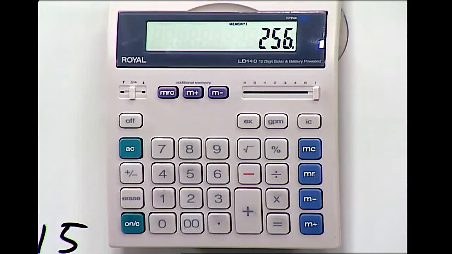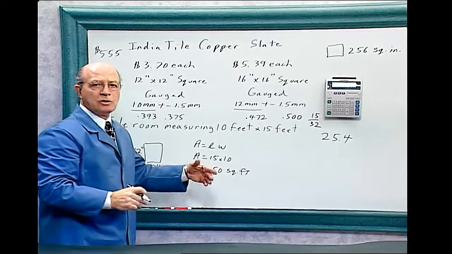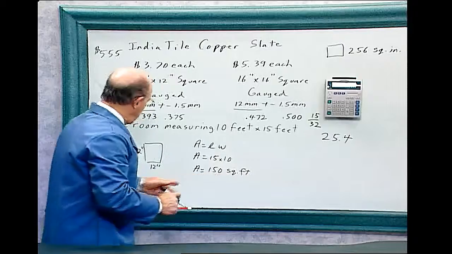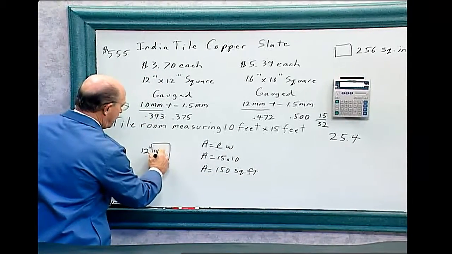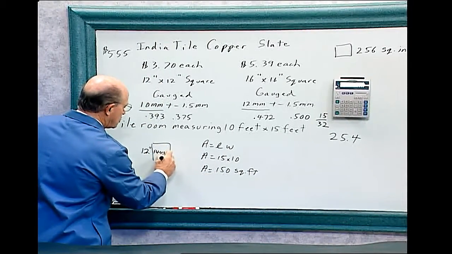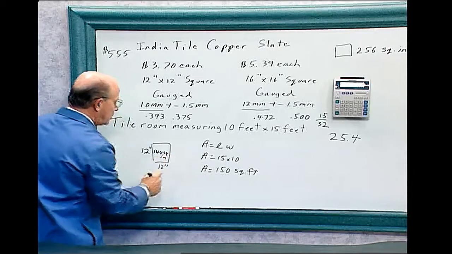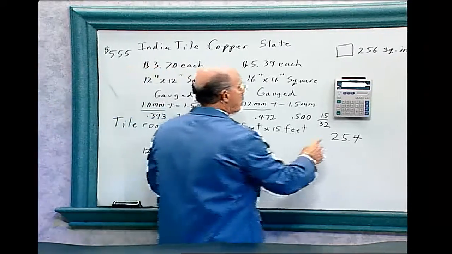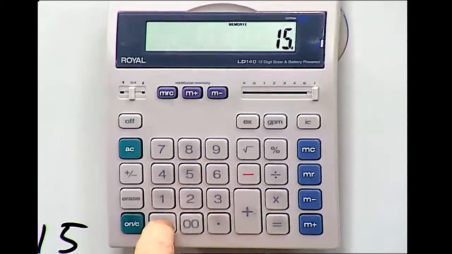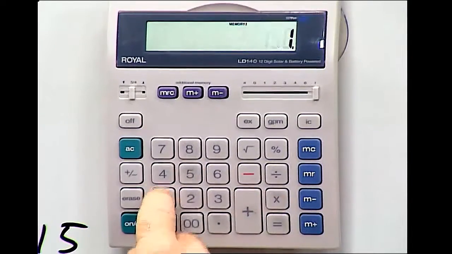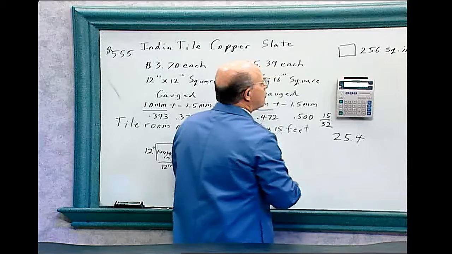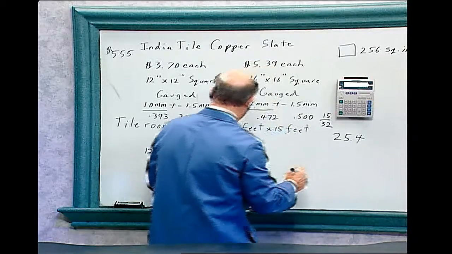Now we're going to convert this room into square inches. So 150 square feet, and there are 144 square inches in 1 square foot. So all we have to do is multiply 150 times 144 equals 21,600.